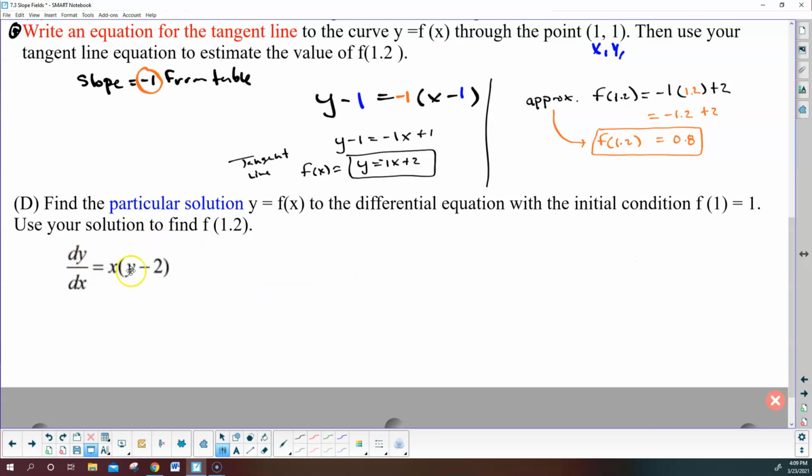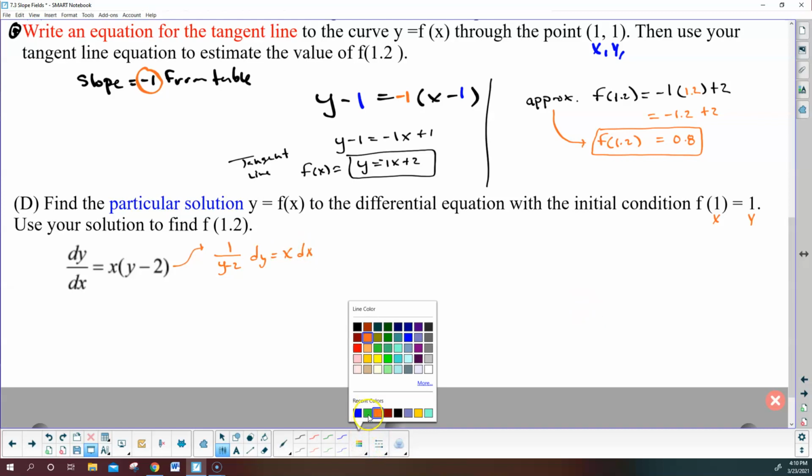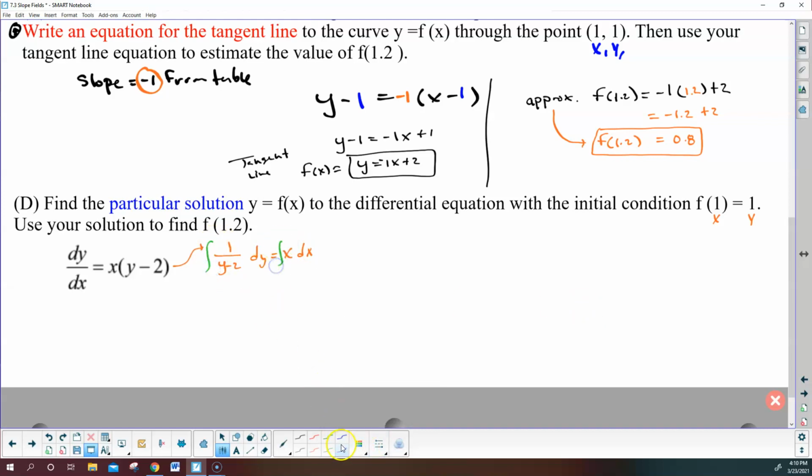So we're going to find the particular solution using the initial condition, x being 1 and y being 1. So why don't you go ahead and do this? I'm going to separate the variables as my first step. I have to divide by y minus 2, so I get 1 over y minus 2, and then I have x dx. If you feel confident right now, go ahead and pause and try to work through this on your own.